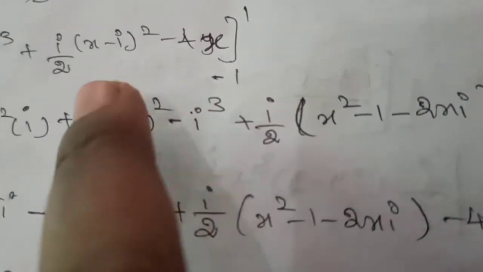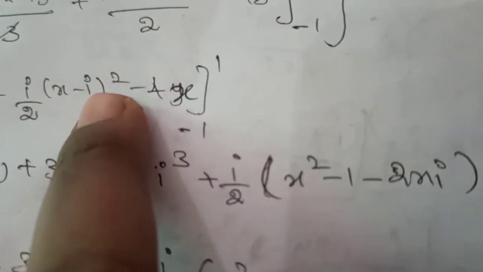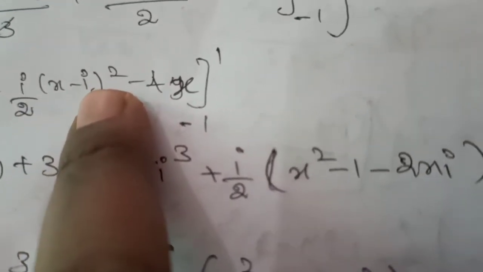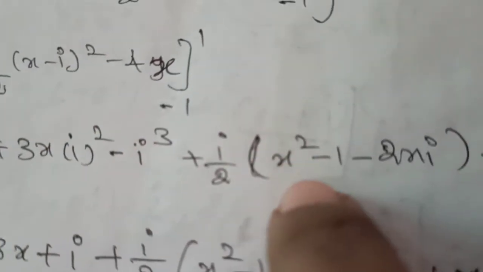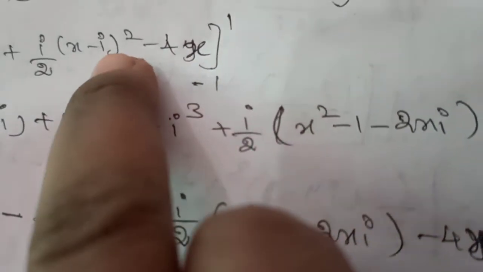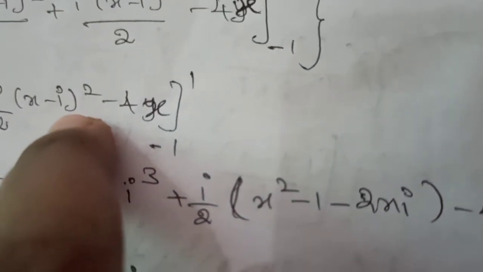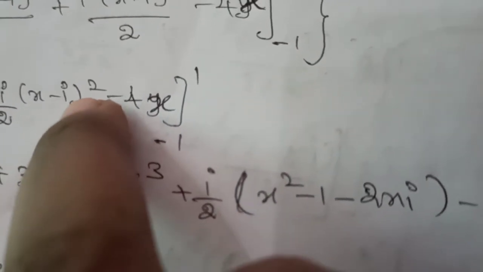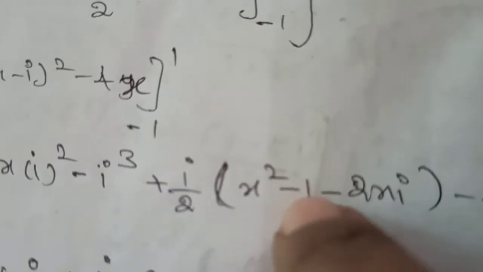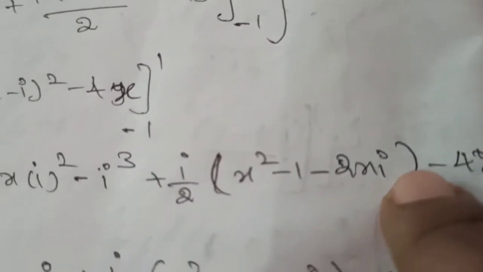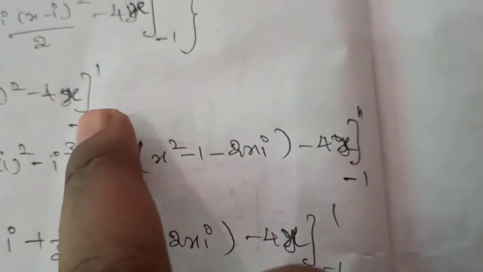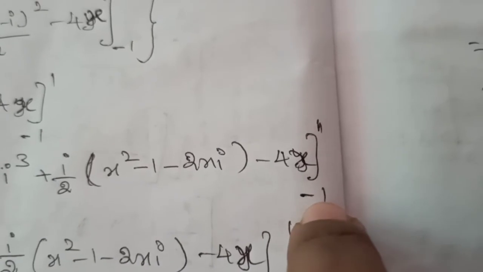Plus i by 2 into the second term, based on the a minus b the whole square formula: a square, that is x square, plus b square, where i square value can be written as minus 1, minus 2ab, that is minus 2x into i. Minus 4x, with the limits from minus 1 to 1.